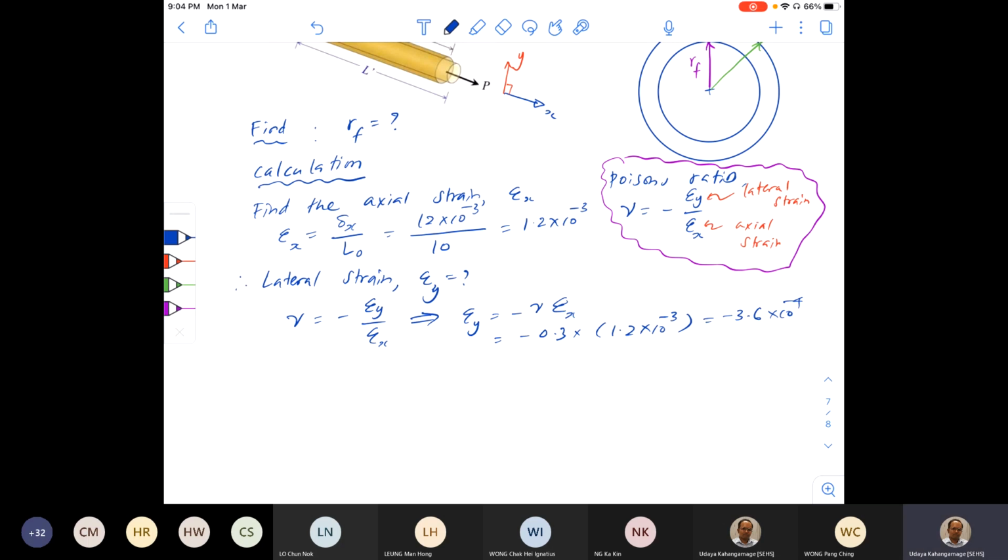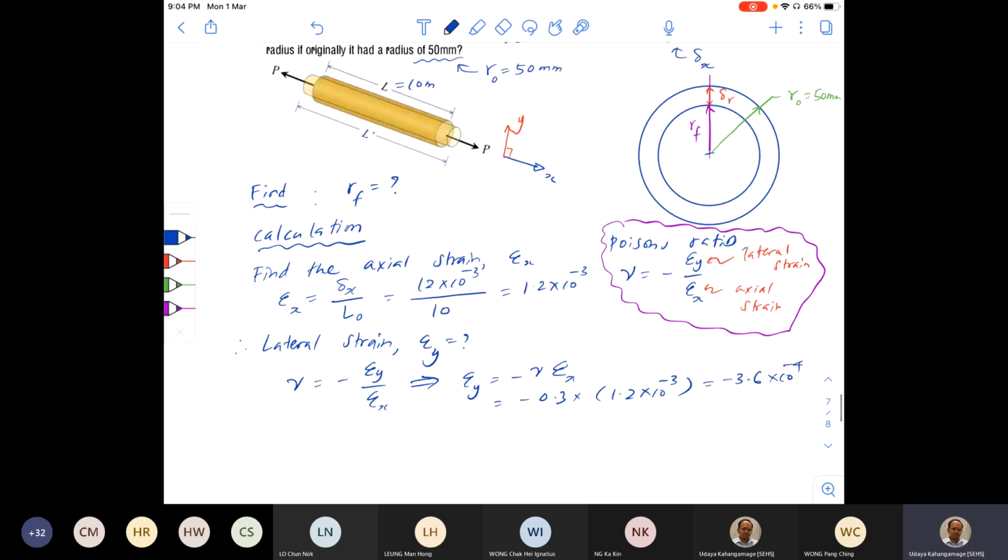So this is epsilon y. Now if you visualize what is going to happen to the lateral direction radius, you can write an equation for epsilon y.